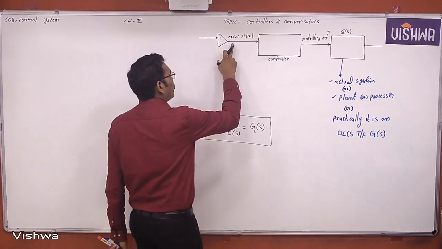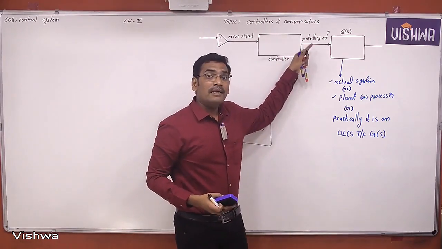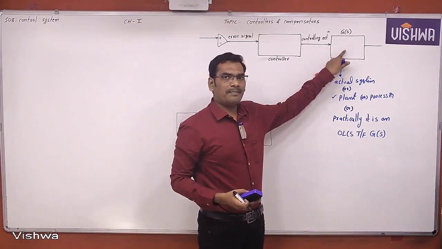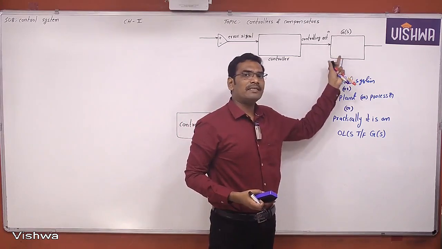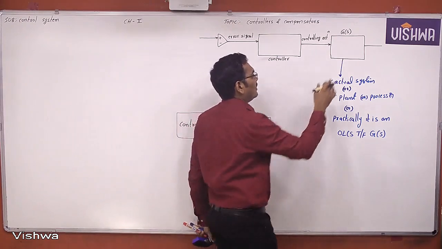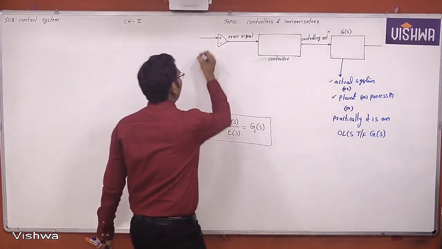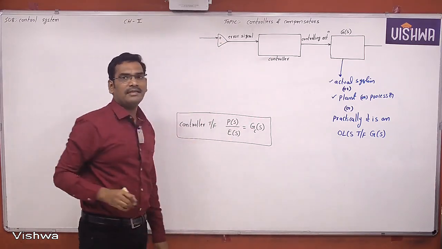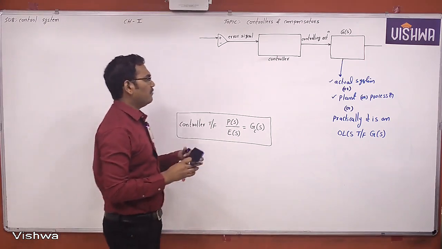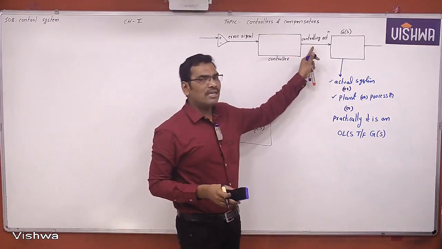So what is your understanding, students? Based on the error signal, the controller will produce the controlling action.